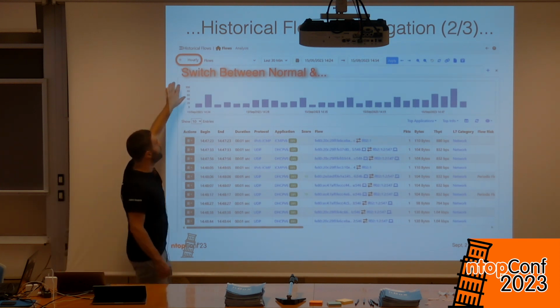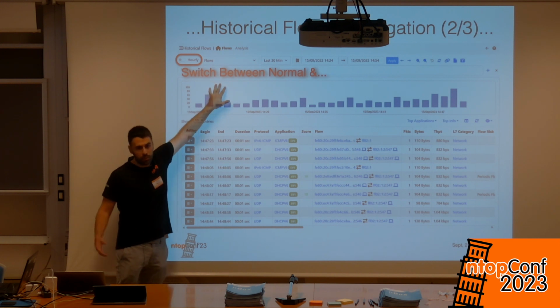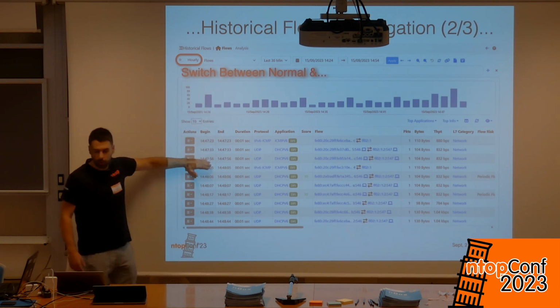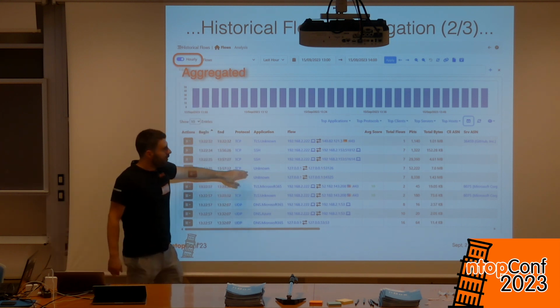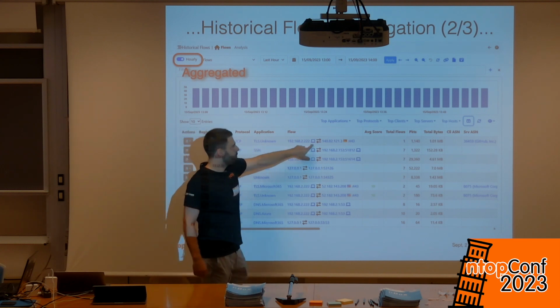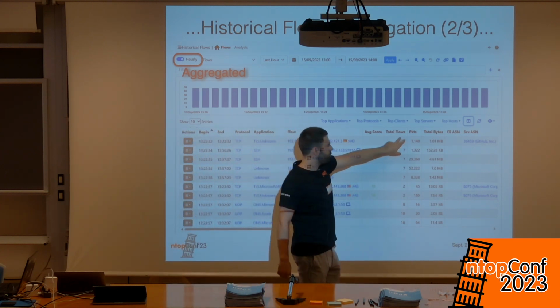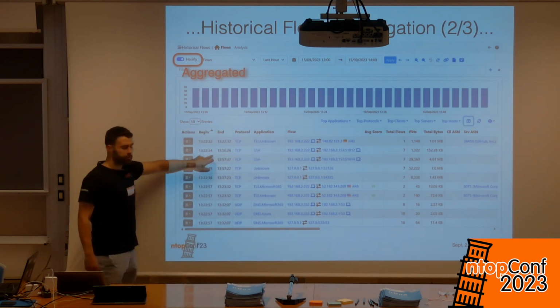And now we have developed that feature. So you can switch between the normal view of the historical flows, so flow per flow, or the aggregated one. As you can see here, for example, the first flow is an aggregation of one flow, but the second is an aggregation of 7 flows.